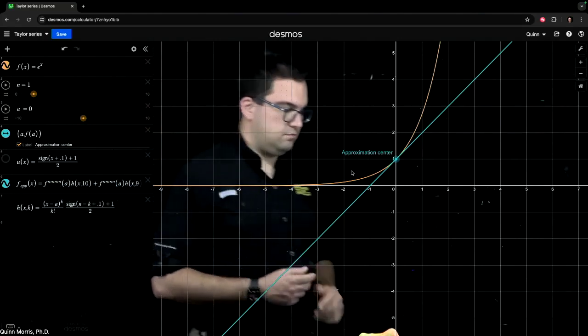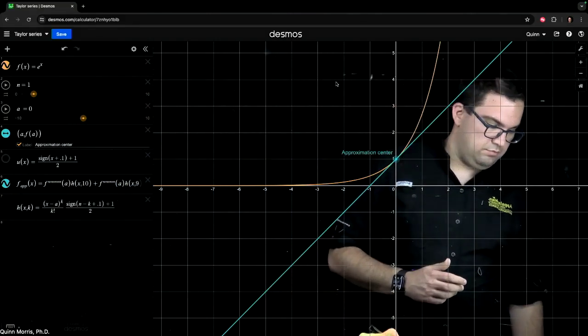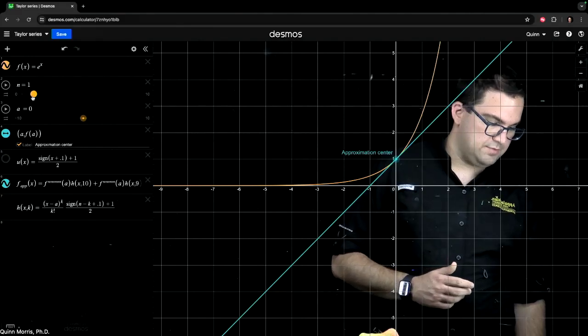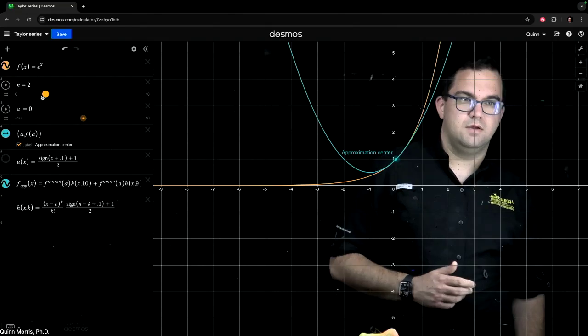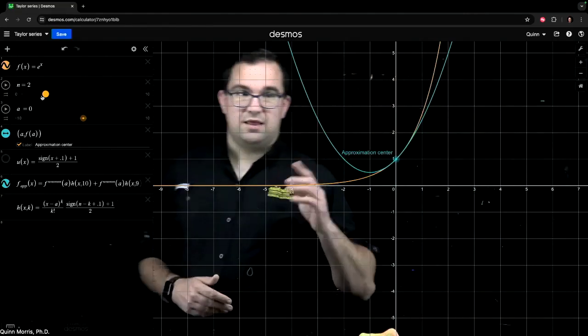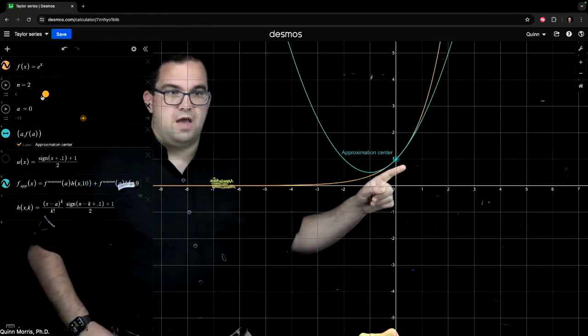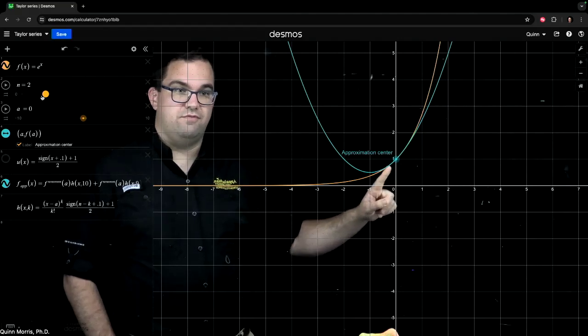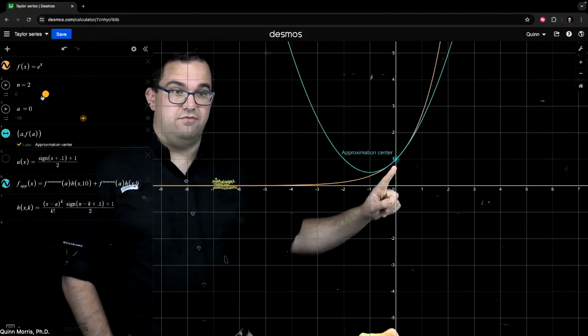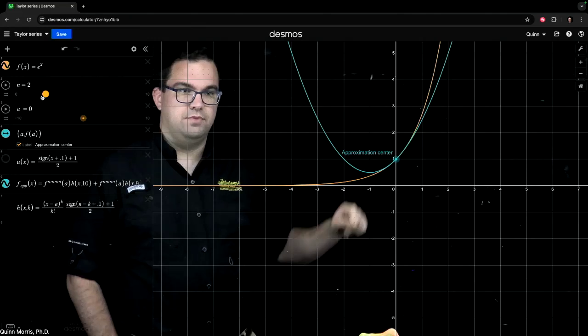Okay, but again, our notion is, what if we made this a better approximation? So what if I went up a degree? Okay, so what you see here is the Taylor polynomial of degree 2. Now here, at this point, it matches the function value, the first derivative, and the second derivative of the function, or the concavity of the function.